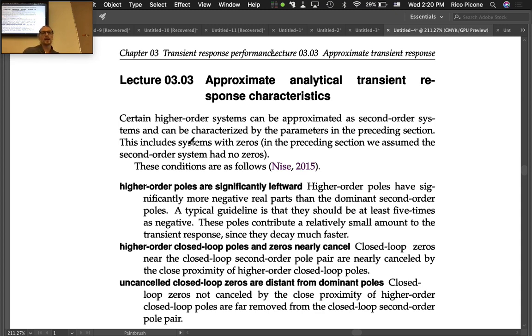So we can get these exact analytic values in these cases.